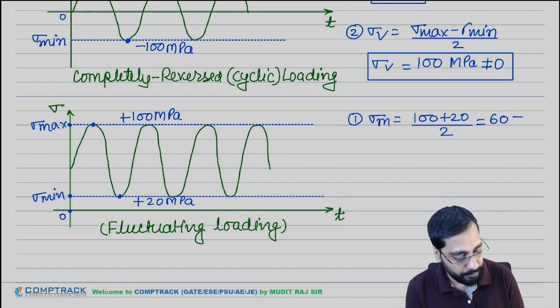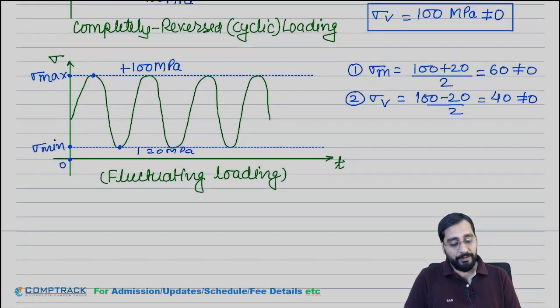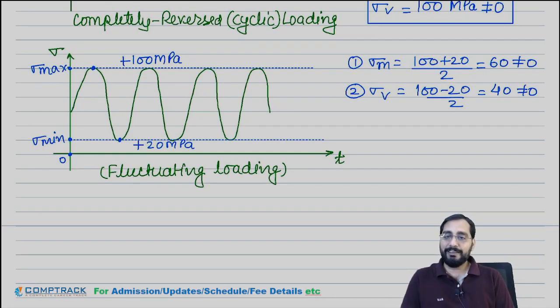Second, you can find the variable here, 100 minus 20 by 2. So it is actually 40. This is also non-zero. Okay. So different standard conditions can be there like this.